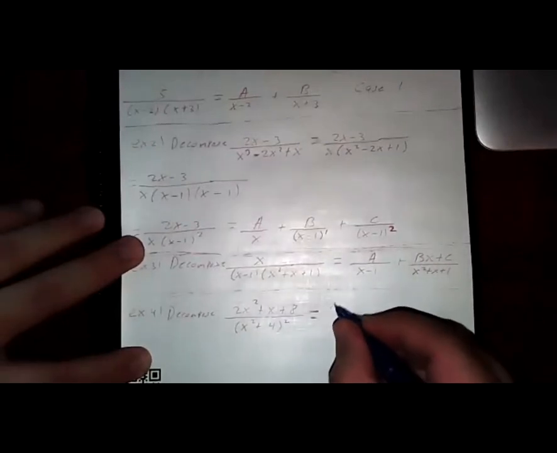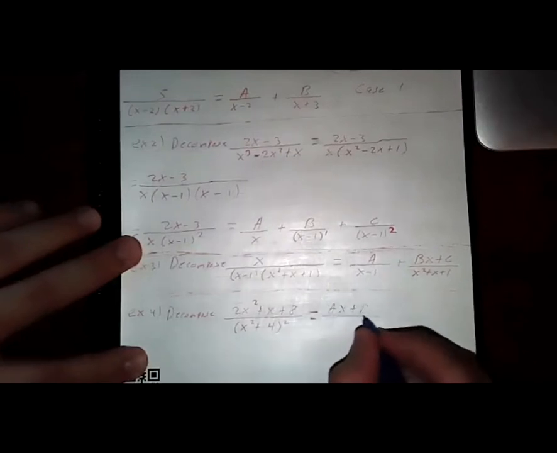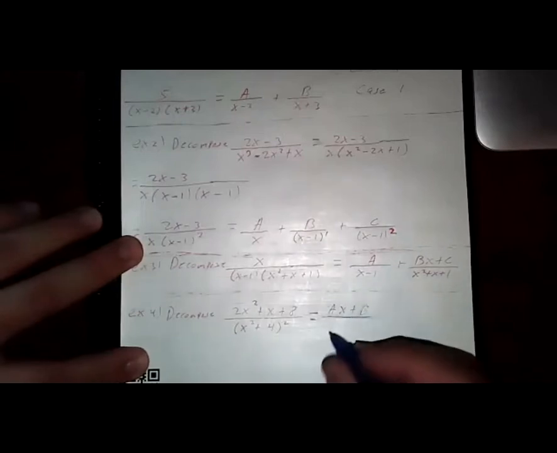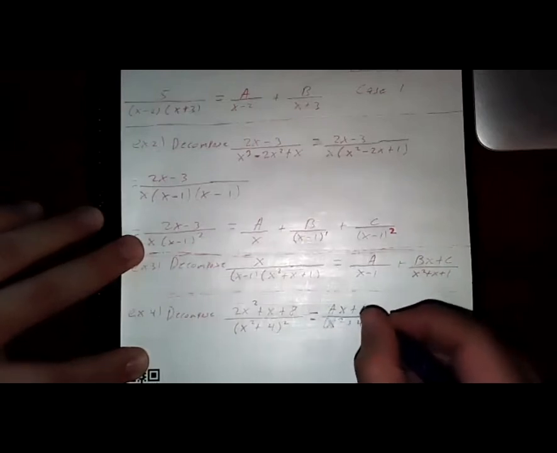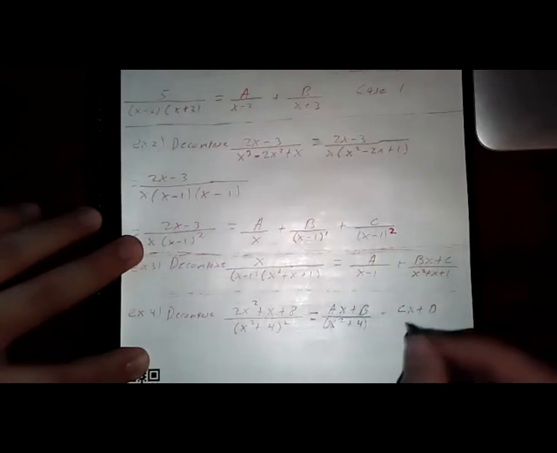So you're gonna have ax plus b over the first power. So x squared plus 4, plus, and then you do it again, cx plus d over the same thing, but to the second power.